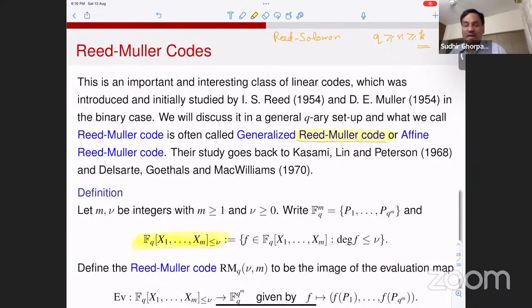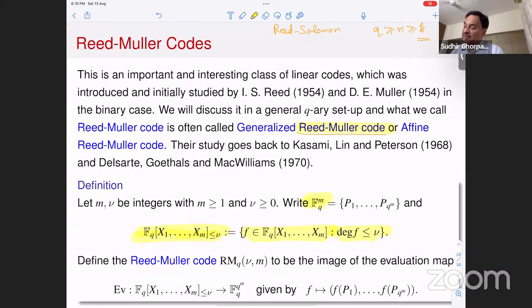Say polynomials in m variables of degree less than or equal to some fixed non-negative integer nu. And then you have your m-dimensional vector space F_q to the power m, the set of m-tuples. How many elements does it have? It has q to the power m elements.